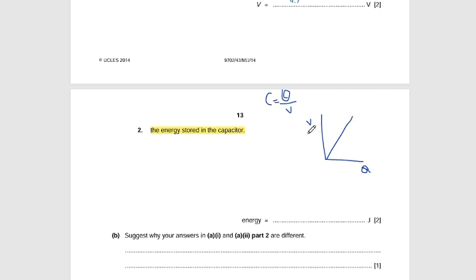When we talk about the area under the graph, it's like a triangle, so it is 1/2 QV, the area of the triangle formed. So this is how we derive the formula of the energy.